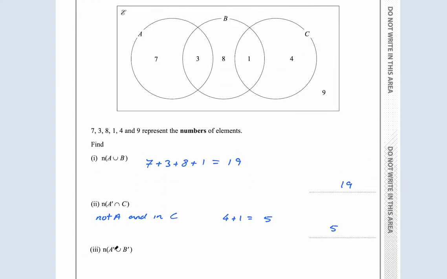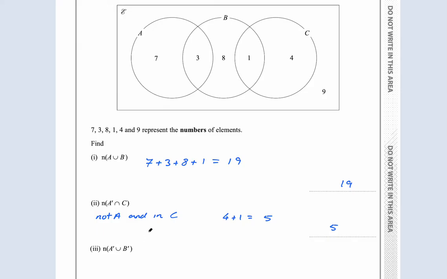Part 3, number of elements again. Not in A, union not in B. Right, so now this guy's is tricky because I have to go everything that's not in A. So I'm actually going to write out here what's not in A. Not in A will be this 8, this 1.